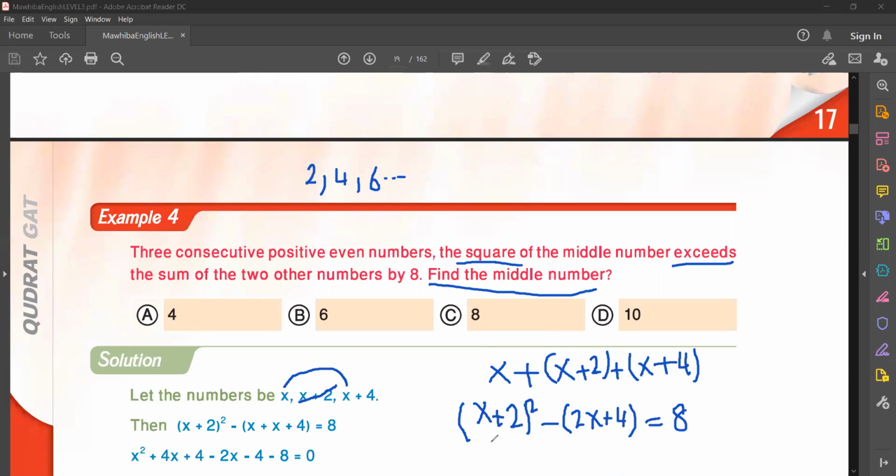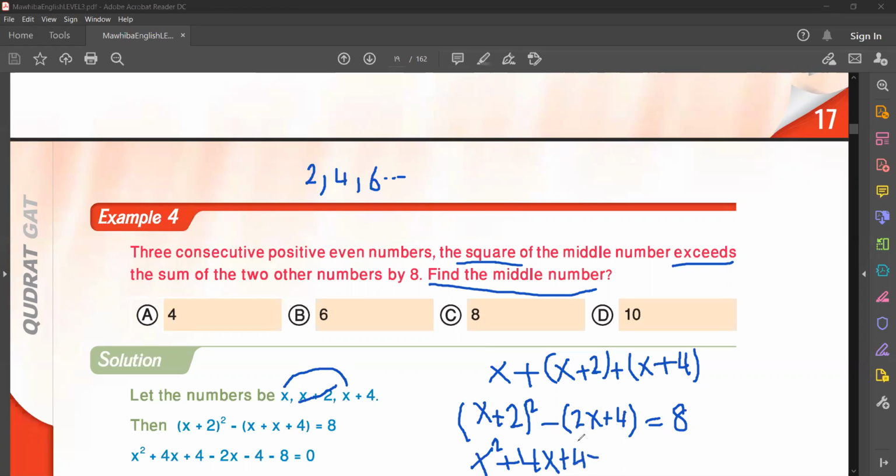You distribute here x plus 2 to the power 2 and minus 2x plus 4. When you distribute this, x squared, and x times 2 times 2 is 4x, and the second one, 2 squared, is 4, right?